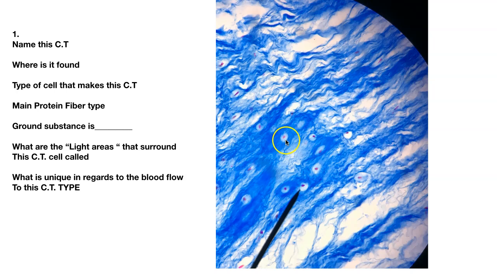These are the lacunae, the light areas. What's unique about the blood flow to this connective tissue type? Remember, cartilage is avascular. There is no blood flow directly flowing into cartilage. That's why, if you have an injury to cartilage, it takes forever to heal.